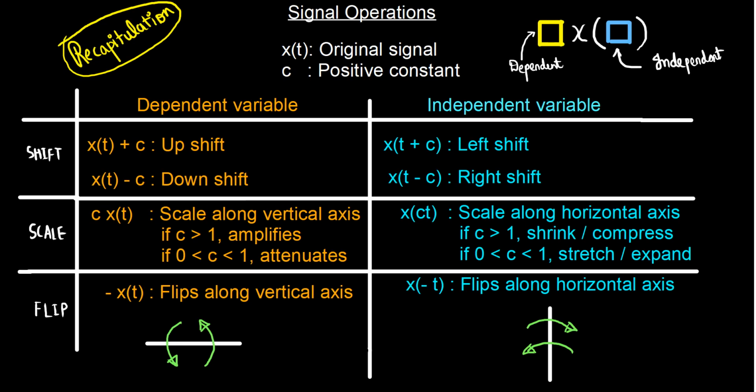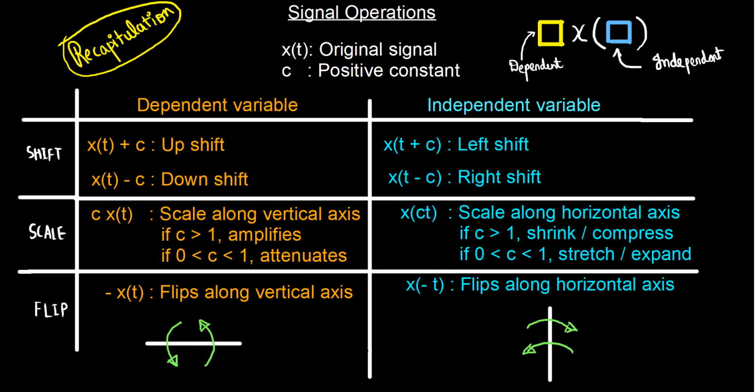On the other hand, when we represent a signal as x of minus t, that means we have changed the independent variable, the variable inside the parenthesis. The signal gets flipped along the horizontal axis, so the part of the signal that is on the left goes towards the right, whereas the signal on the right goes towards the left. It's simply acting as a mirroring operation.